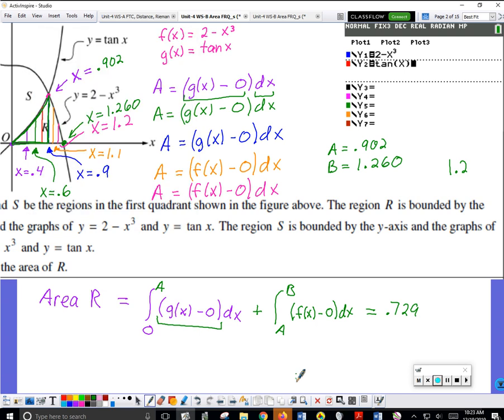Anybody need to come look at their calculator? Does he figure it out? Almost. This one I can show you.